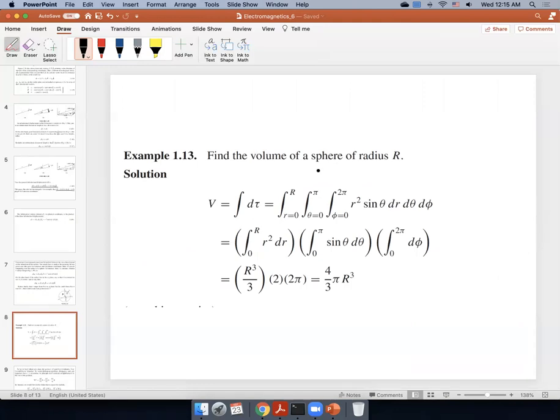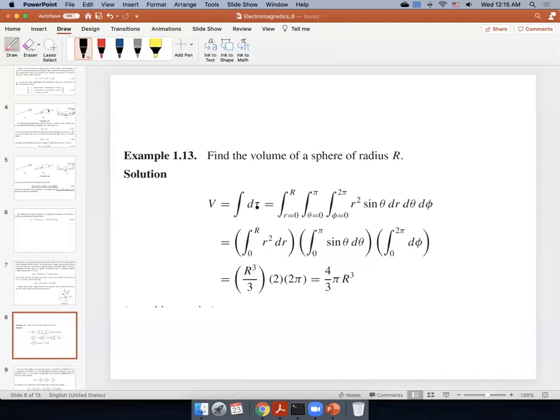Okay, now let's see one example. Find the volume of a sphere of radius capital R. That's a simple test. It's easy, which is the volume integral.